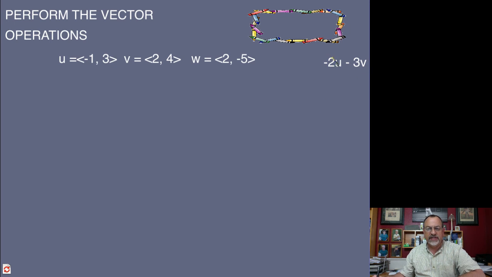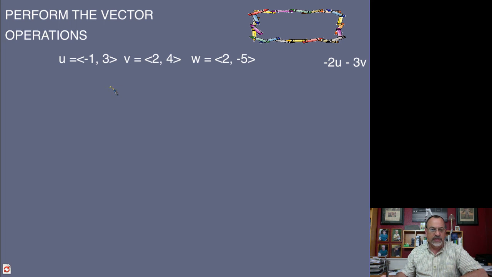So again, I have a scalar in front of the u and I have a scalar in front of the v. Now there's a couple of ways that you can handle this. You can either multiply the -2 times u and then multiply the 3 times the v and then subtract them, or you could write the components and distribute them. Lots of different ways, so whatever you find comfortable.